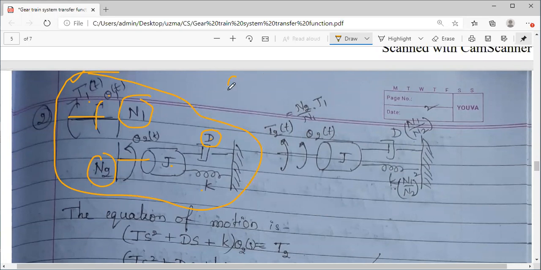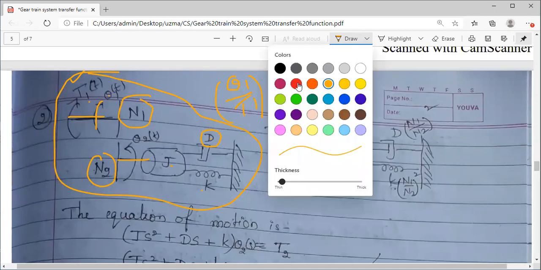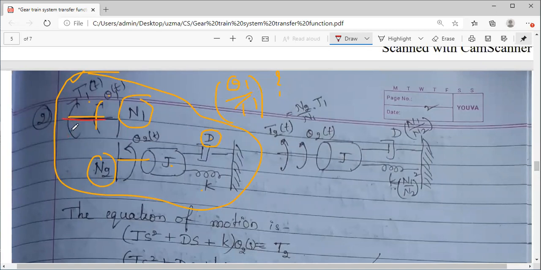I want theta 1 by T1. Okay, this is the transfer function you have to find. Now tell me, you have 2 shafts in the given system. This is your shaft 1 and this is your shaft 2. So whether I should go for 1 over the 2 or 2 over the 1.